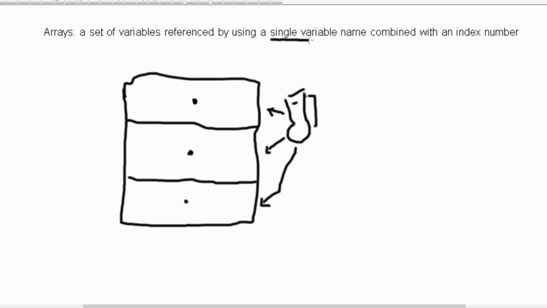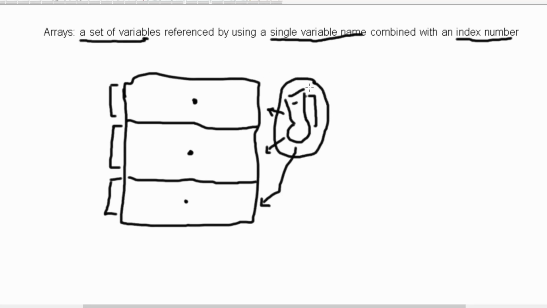The single variable name is the whole drawer itself, and each of the index numbers are the compartments that store these socks. So we would have 3 index numbers because there are 3 compartments. And the set of variables will be the number of socks or just the socks themselves that are inside of these compartments.